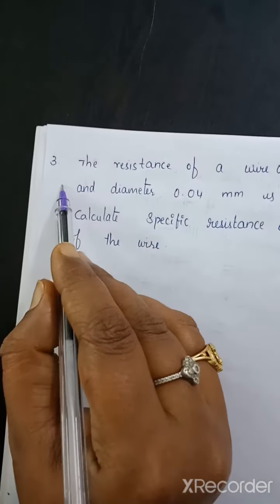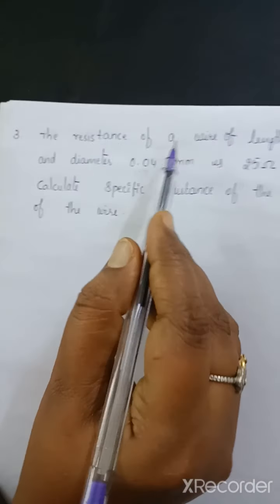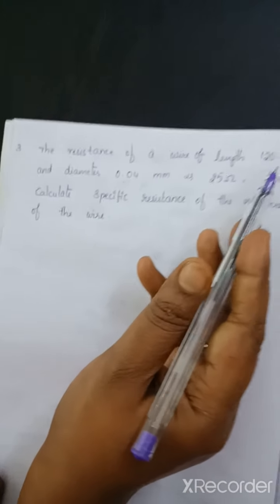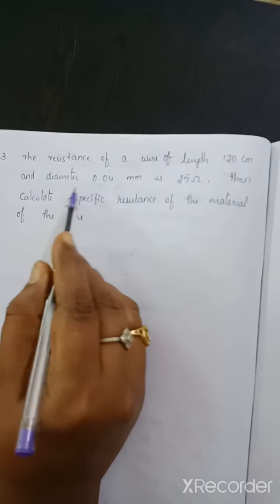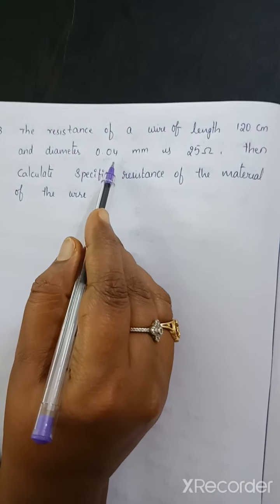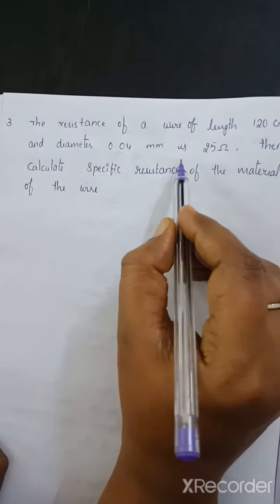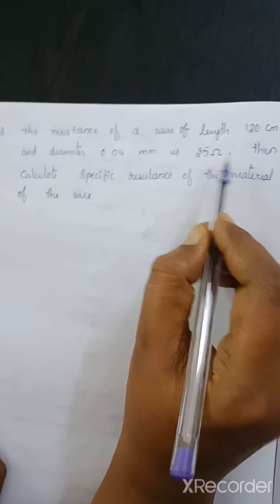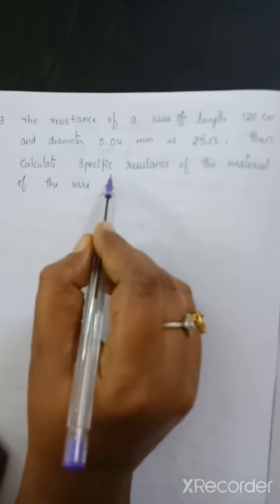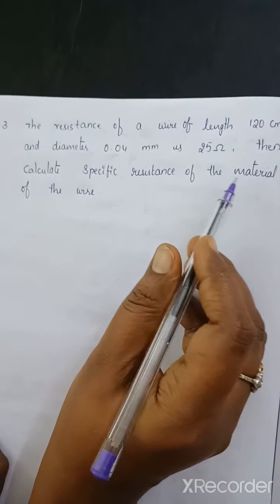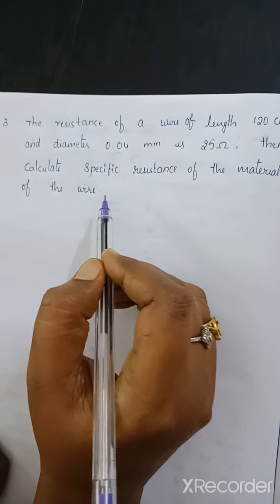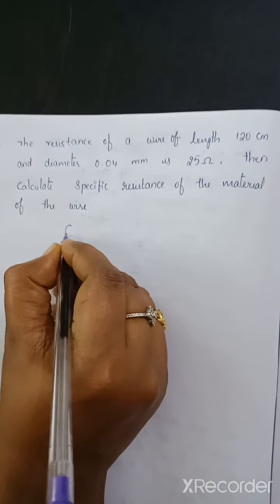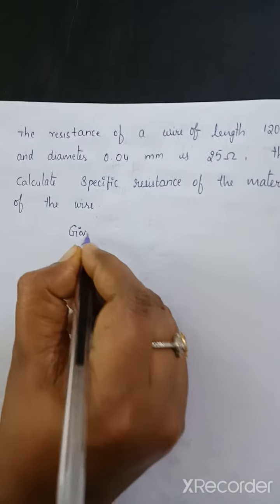Here is a third question. The resistance of a wire of length 120 centimeters and diameter 0.04 millimeter is 25 ohms. Then calculate the specific resistance of the material of the wire. So first write the data given.